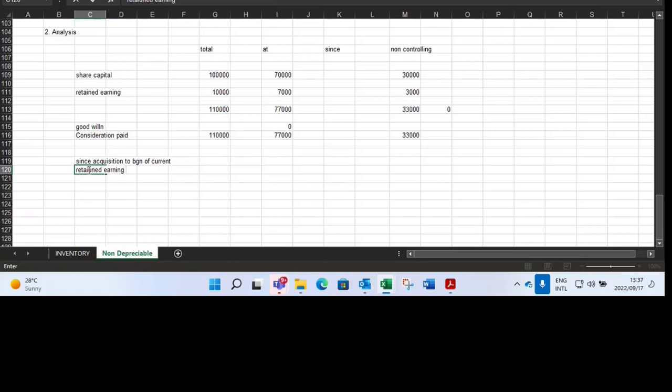From the statement of changes in equity, how much? It's 16,000, sir. Then we're going to less what? 10,000. Then we are left with 6,000. And then 70% of 6,000 is 4,200. The remaining balance is 1,800.